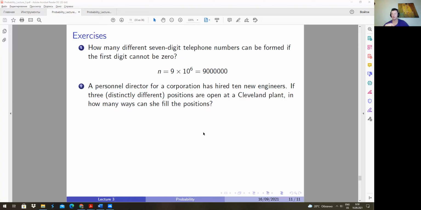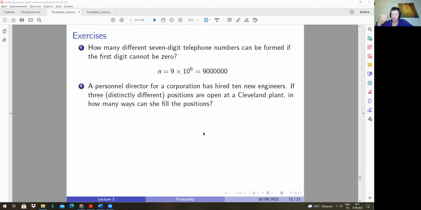Okay, who can tell what this is about? Number 2. Is this about combinations or permutations, or neither of them? Permutation. Why do you think that this is permutation? Because the engineers that have to be chosen for each position are distinctly different. This small piece of information gives you exactly a clue what you should apply here.